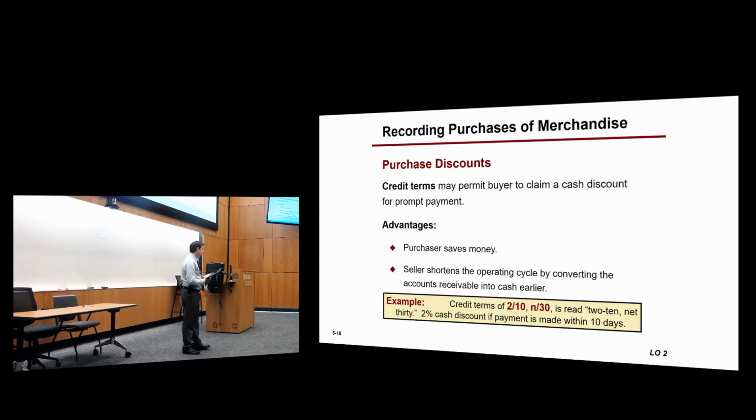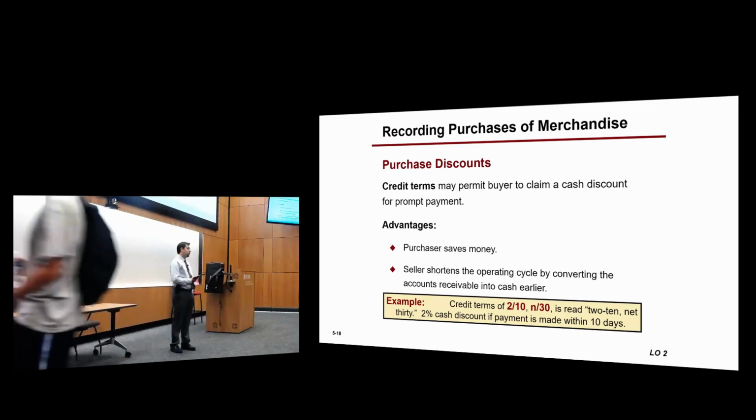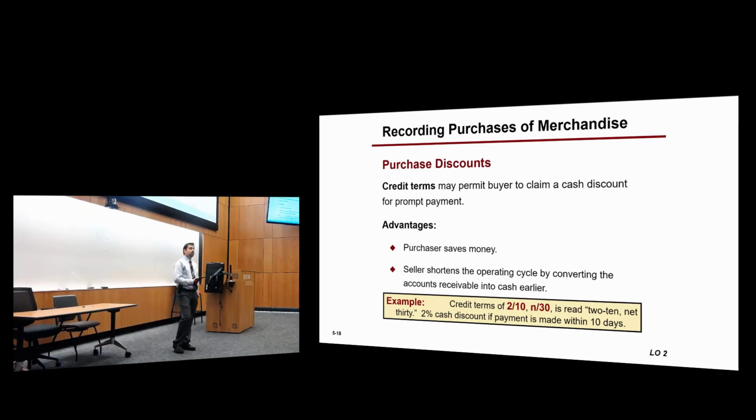Now, purchase discounts. This is the other part of it. Remember the 2/10, n/30? This is when the seller gives the buyer an incentive to pay faster.